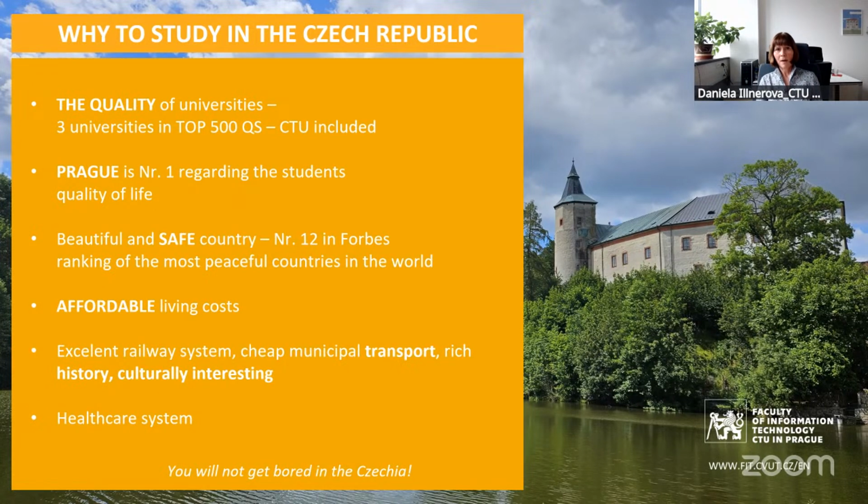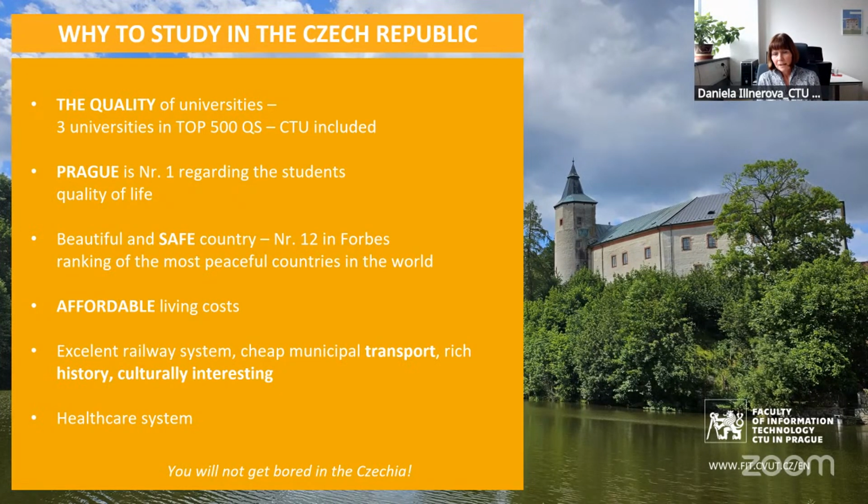Positive about the Czech Republic is also that we have quite affordable living costs. Specifically, you can live here in the capital, in Prague, for 400 euros per month in a dormitory or in a shared flat. You can buy milk for €1. You can buy beer for €2 mostly.